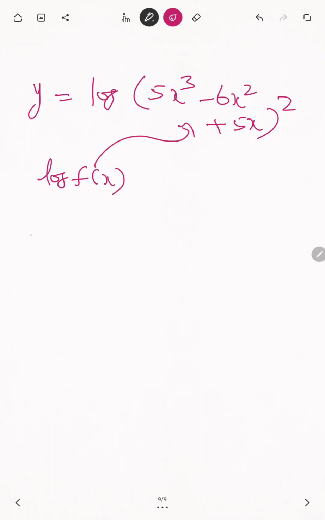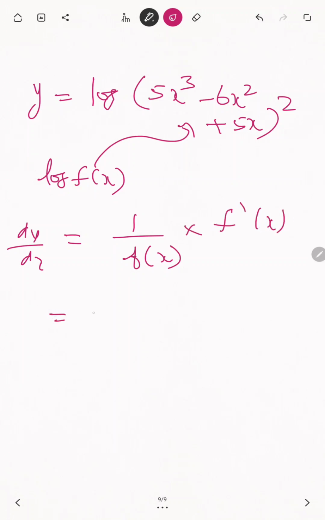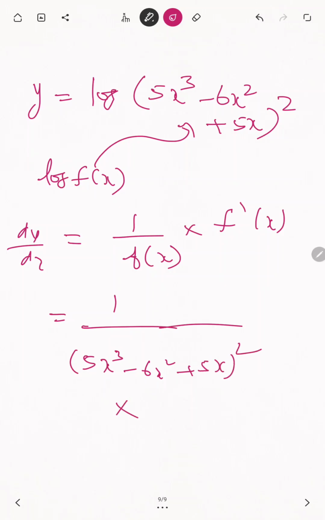This one. Then what is the rule for differentiating logarithmic function? 1 by f of x into f dash x. What is f of x, my dear student? 1 by 5x cube minus 6x square plus 5x whole square into derivative of algebraic function.